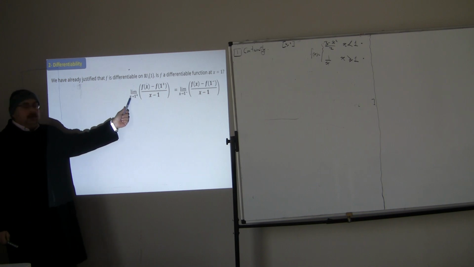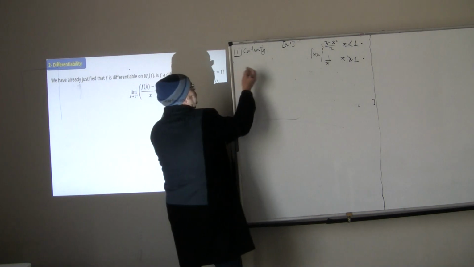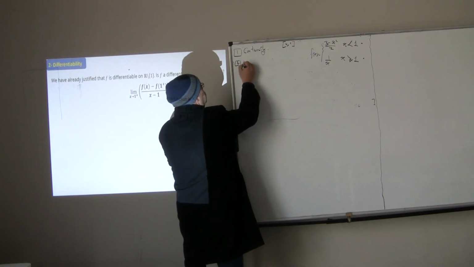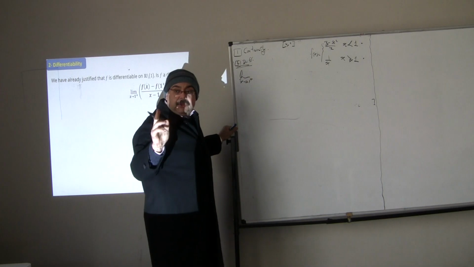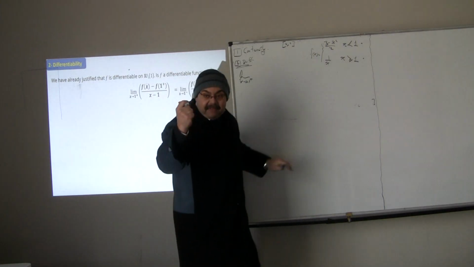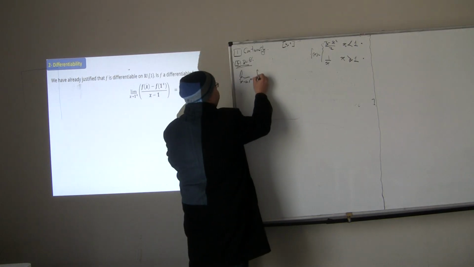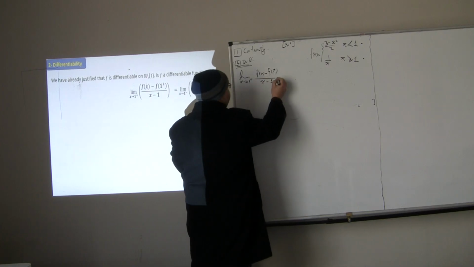Since we are talking about 1 positive, which wing will we use? So I will start here in order to check number 2, which is differentiability. I will start, as I told you, with the limit as x tends to 1 positive. This way, Dina, I will have to use this one. So I will consider f of x minus f at 1 divided by x minus 1, the difference between these 2 points.